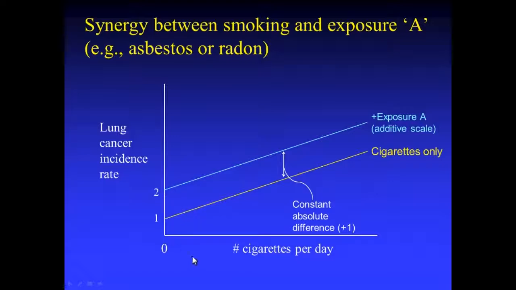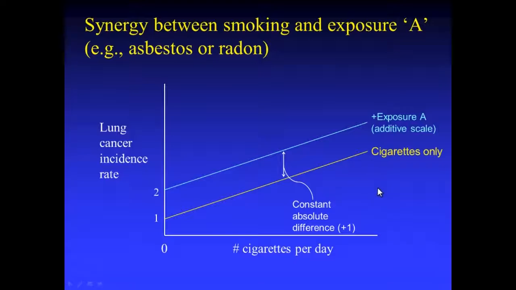But it doesn't matter, we assume a constant exposure to A, because we have no scale of exposure to A. So we'll assume a constant exposure to A, but you can see as the number of cigarettes per day increases and the risk directly attributable to smoking goes up, A only adds exactly the same amount, one incidence rate unit of extra risk on top. It doesn't matter what level of cigarette smoking. So we can say that it's acting additively with cigarettes.